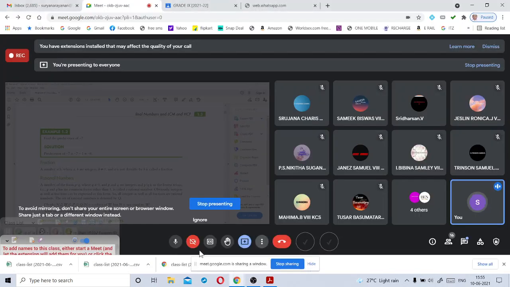In earlier class, you have already studied, and moreover, we have discussed about fractions, different types of fractions at the time of bridge course. Yes or no, my dear children? Have we discussed fractions and different types of fractions in the bridge course?